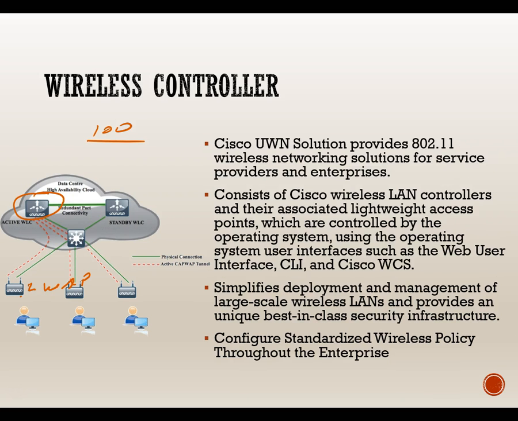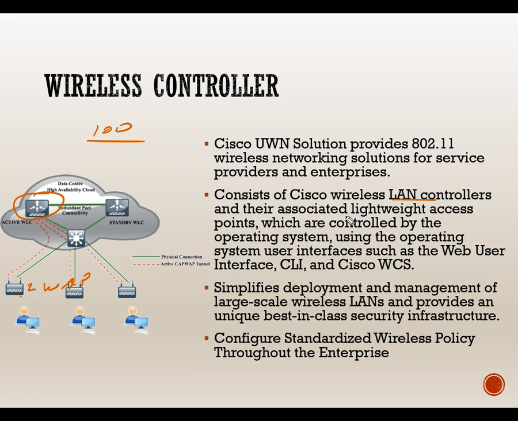Anyhow, the Cisco Unified Wireless Network Solution, UWN, 802.11 networking solutions for service providers and enterprises. Cisco wireless LAN controllers, associated lightweight access points. One of the things I always found curious was when you upgrade one of these, and they call it a fat access point, you upgrade it to a lightweight. So we can upgrade what we have to a lightweight access point. When we do that, we have to manage it with a wireless LAN controller.